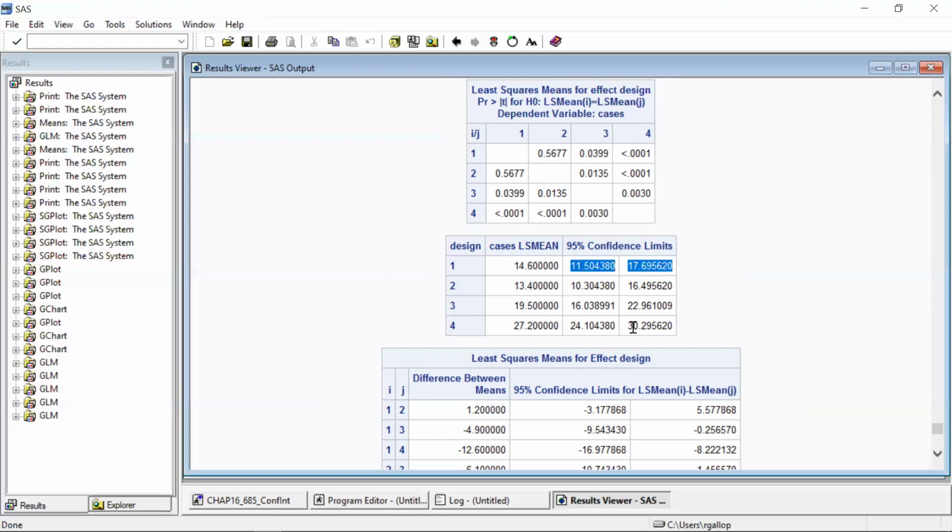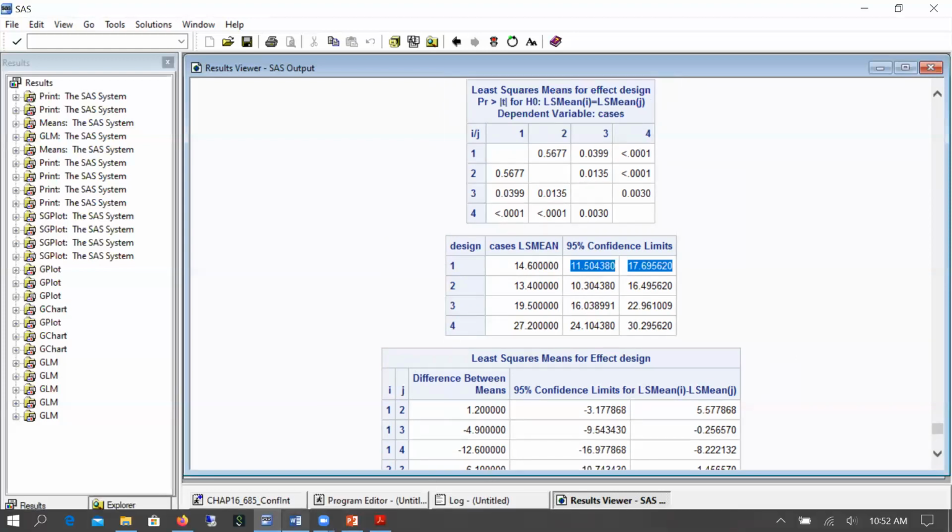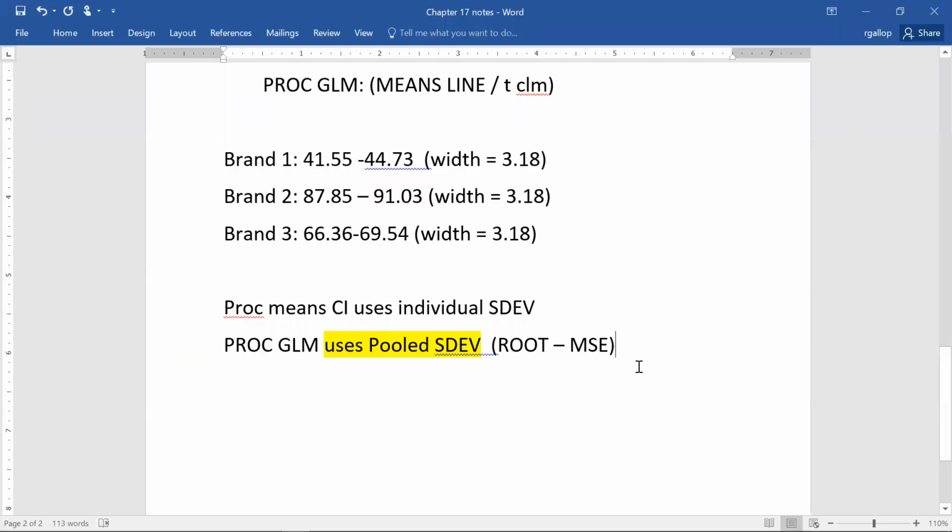So we go here, that's our confidence interval. So I'm going to jump back to Word really quick. So design one, we have the 11.50 to 17.70, which gives us a width of 6.2.